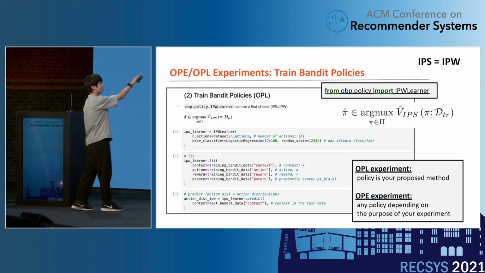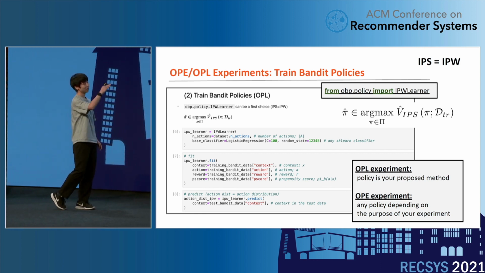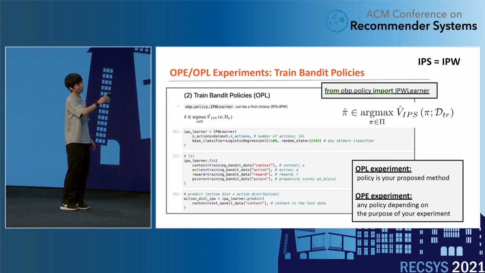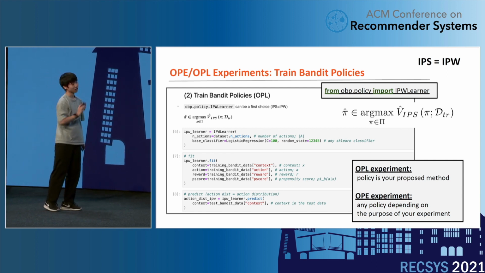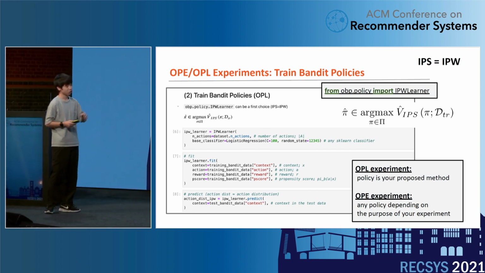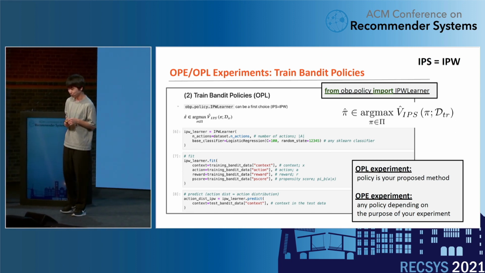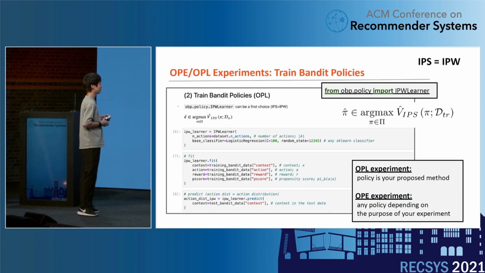What this policy learning method does is maximize the policy value estimated by the IPS estimator. We can do this maximization, or policy learning process, by using only the observable logged bandit feedback data. This is not so trivial to implement from scratch.